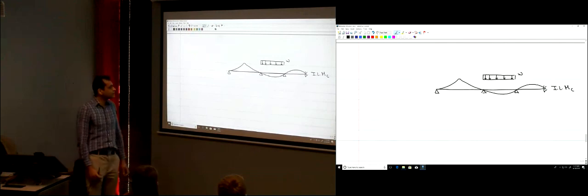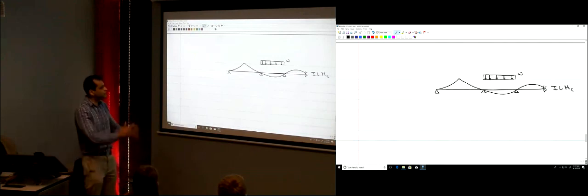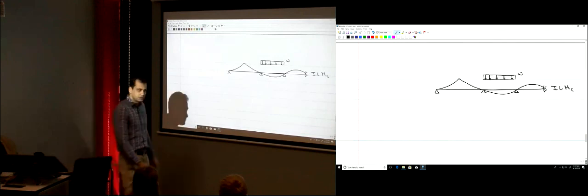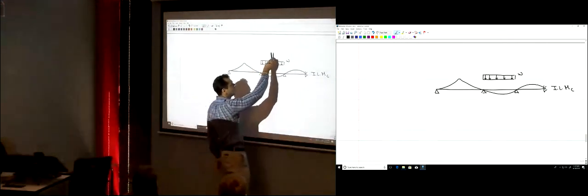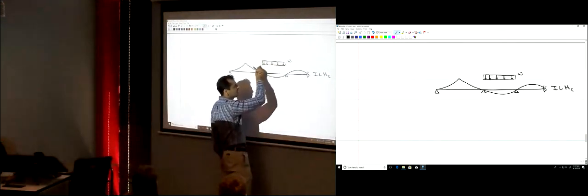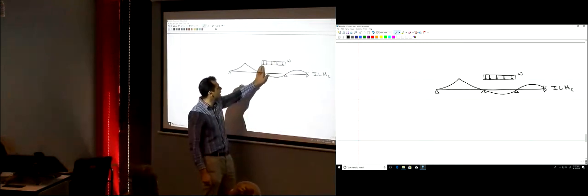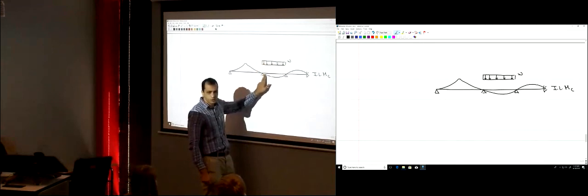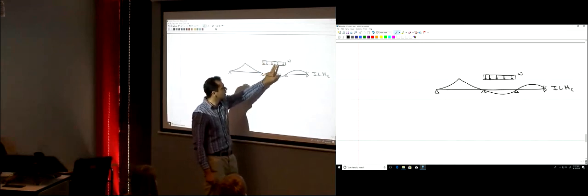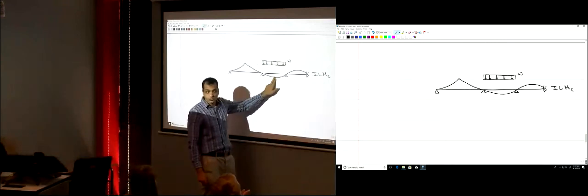I need to have a concentrated force. So someone would say, just concentrate it. No, you cannot, because if you concentrate it with a force over here, W times this distance L, you're just assuming that a unit load was here. That's not correct, because the influence when you have a load here is so small, while the influence when you have a load here is so large.